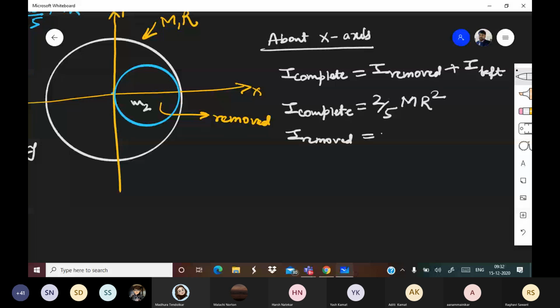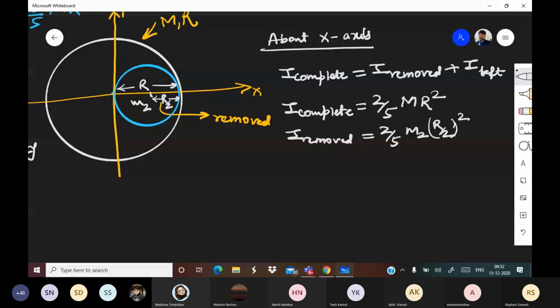I removed will be 2 by 5 into M2 into R by 2 whole square. Are you getting it? Because this whole thing is R, so half of that will be R by 2. Correct?